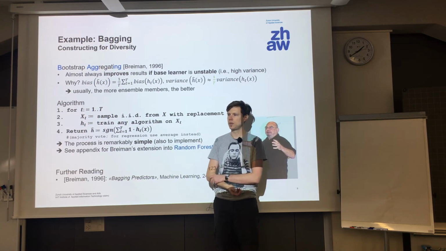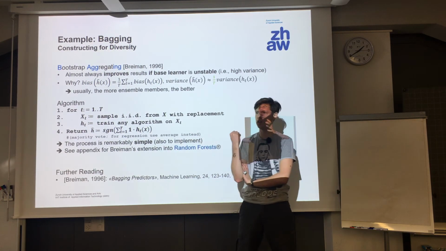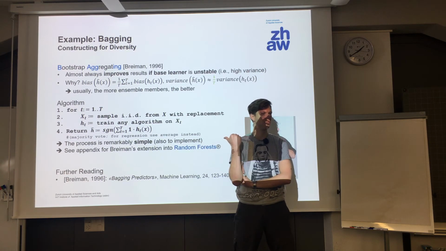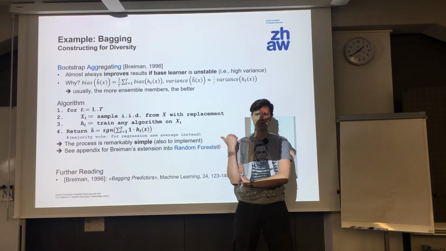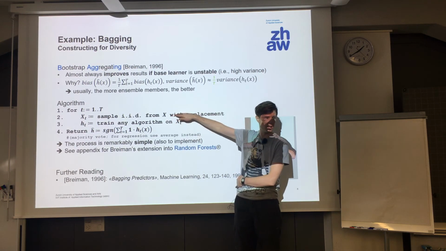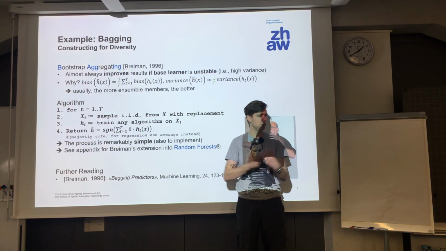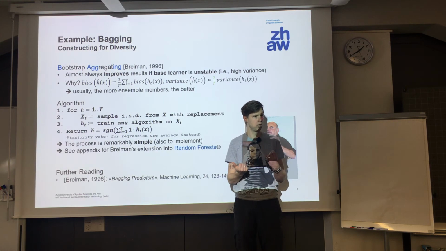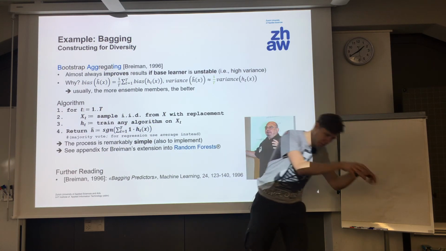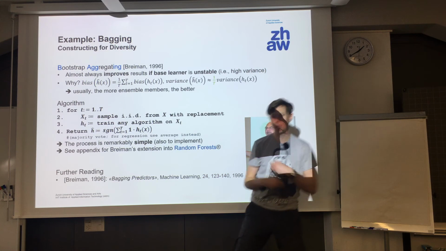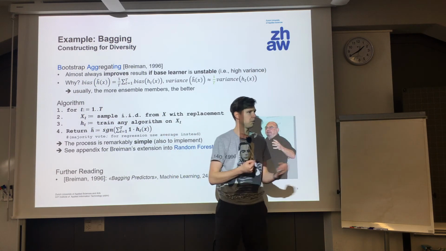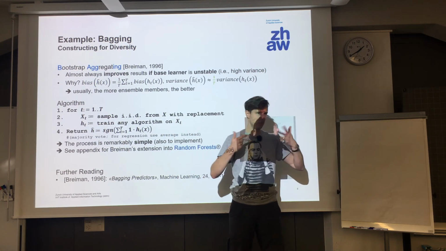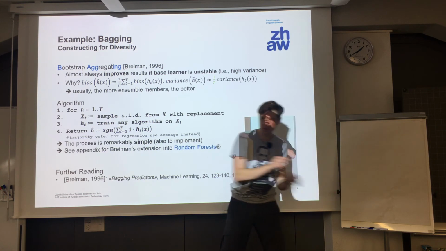Super simple. How does it create diversity? With a random selection of the data points that basically resembles a re-weighting of your sample. Sometimes you emphasize this part by sampling more from there. Sometimes you emphasize more this part. Of course, there's no intelligence behind that emphasizes here and there.